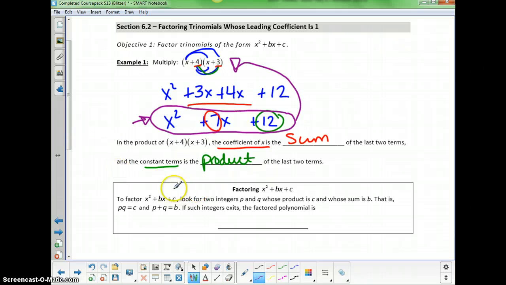Okay, so what we need to do then is to find two numbers that multiply together to give c and add together to give b. So c being the constant term and b being the coefficient of x. If we can find those two integers p and q, then the polynomial is going to factor into x plus p and x plus q. As you can see from the example above, our p and our q would have been 3 and 4. 3 plus 4 is 7, and 3 times 4 is 12.